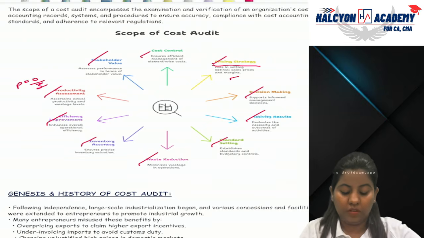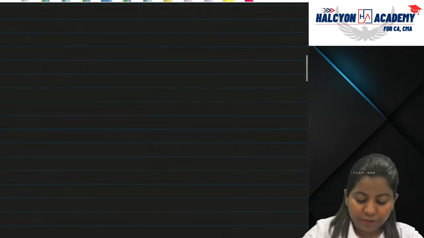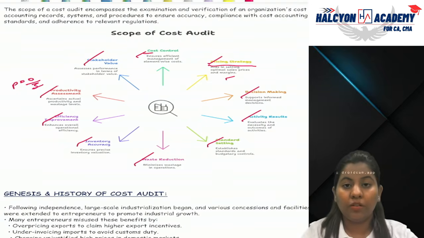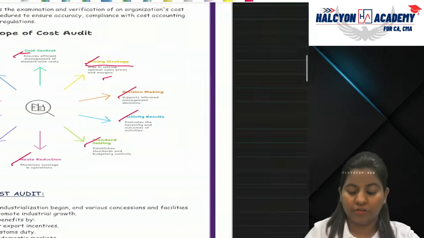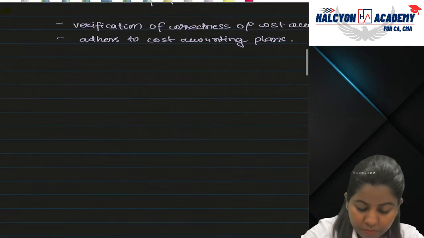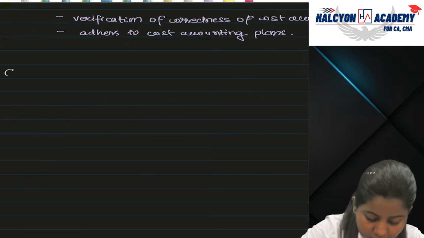See, in the memory trick, we would take the first alphabet of each and every key point.